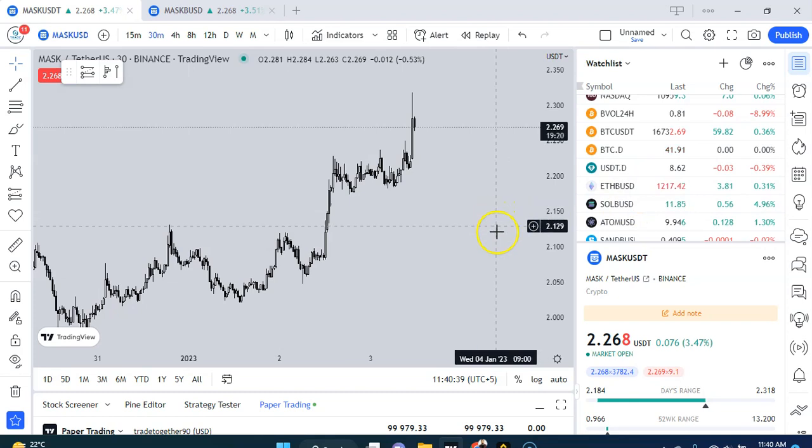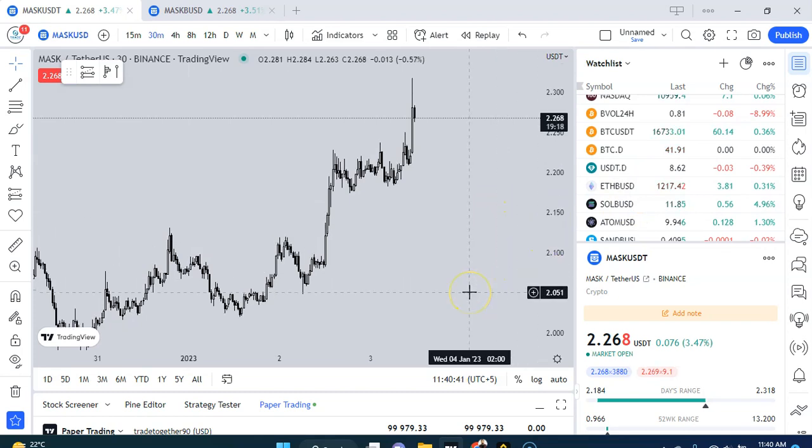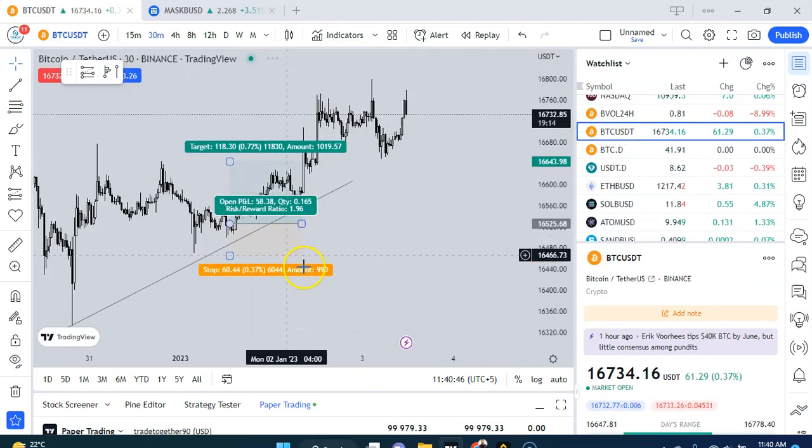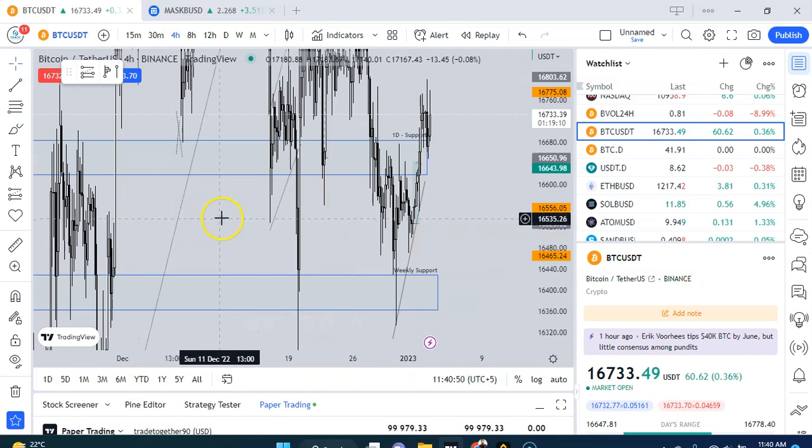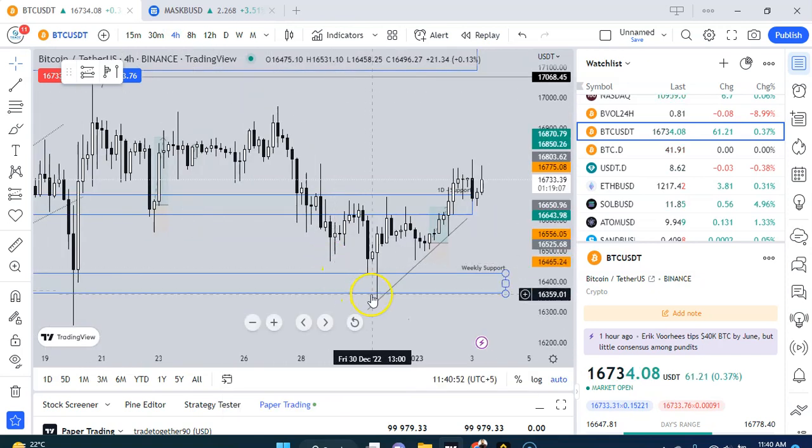These are the charts I look at to know where the market is heading. Right now the market is almost at its resistance, but when the market is at resistance, we can do quick trades. We can take quick scalps.